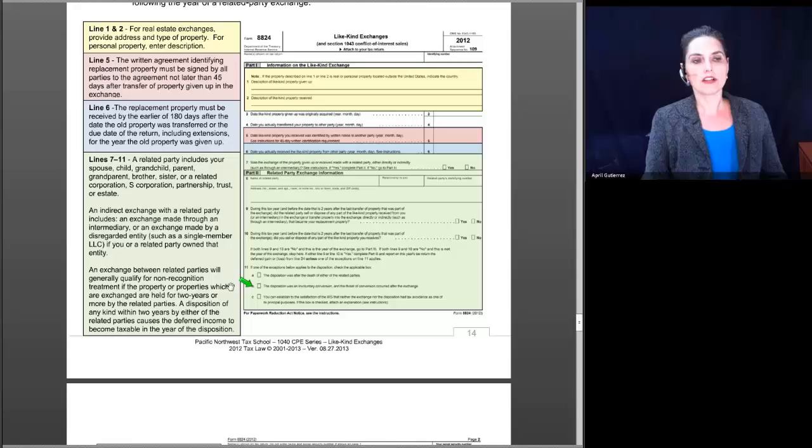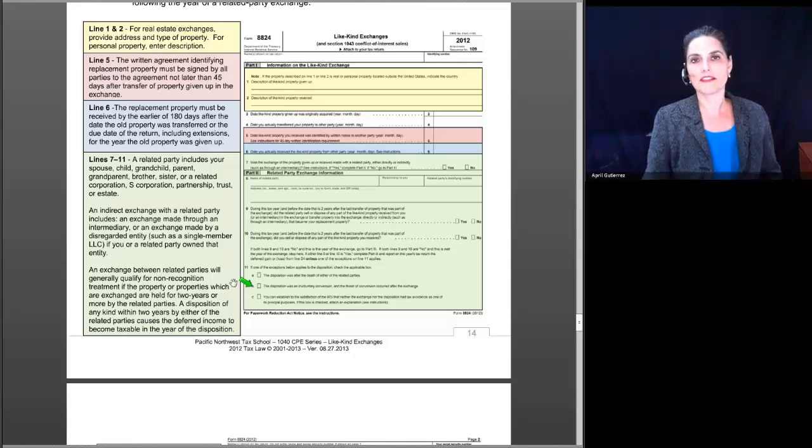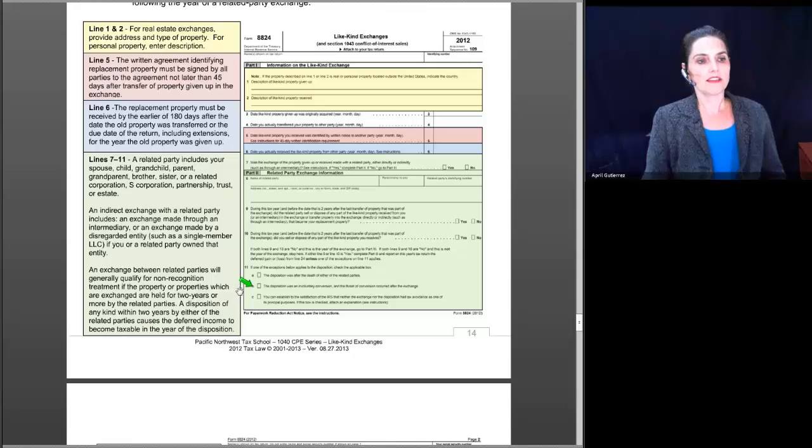A related party includes your spouse, child, grandchild, brother, sister, parent, grandparent, S corporation, partnership, corporation, anything that you hold an interest in. And an indirect exchange with a related party includes an exchange made through an intermediary or an exchange made by a disregarded entity, such as a single-member LLC, if you or a related party owned that entity.